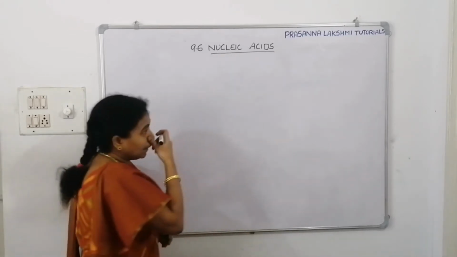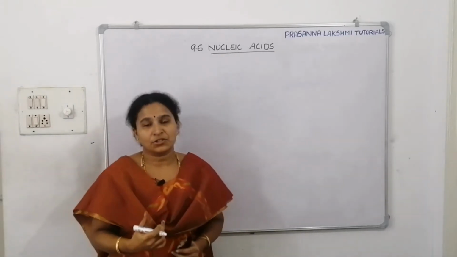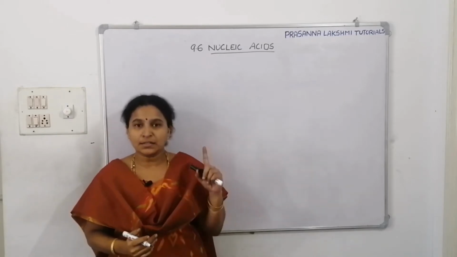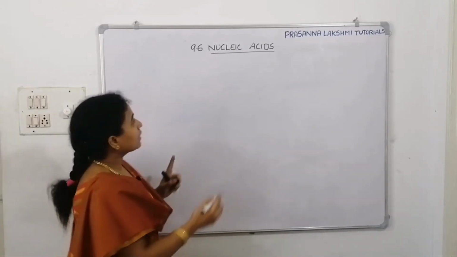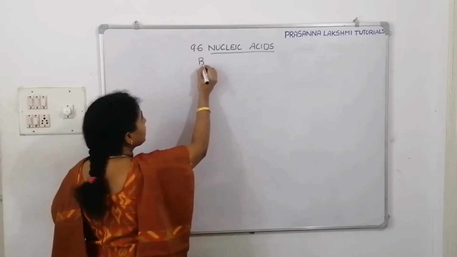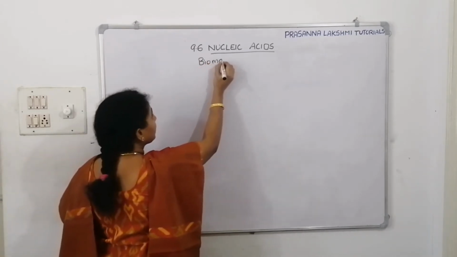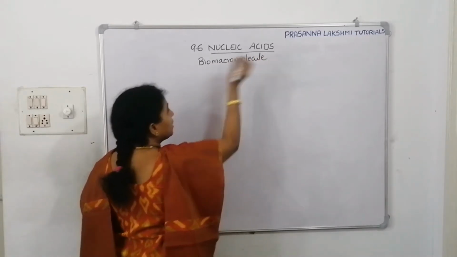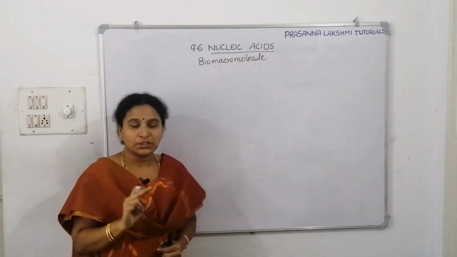Now, in the acid insoluble fraction, another type of biomacromolecule we find is nucleic acid. Now this nucleic acid, what is it? It is a biomacromolecule, meaning its molecular weight is more than 10,000 daltons.